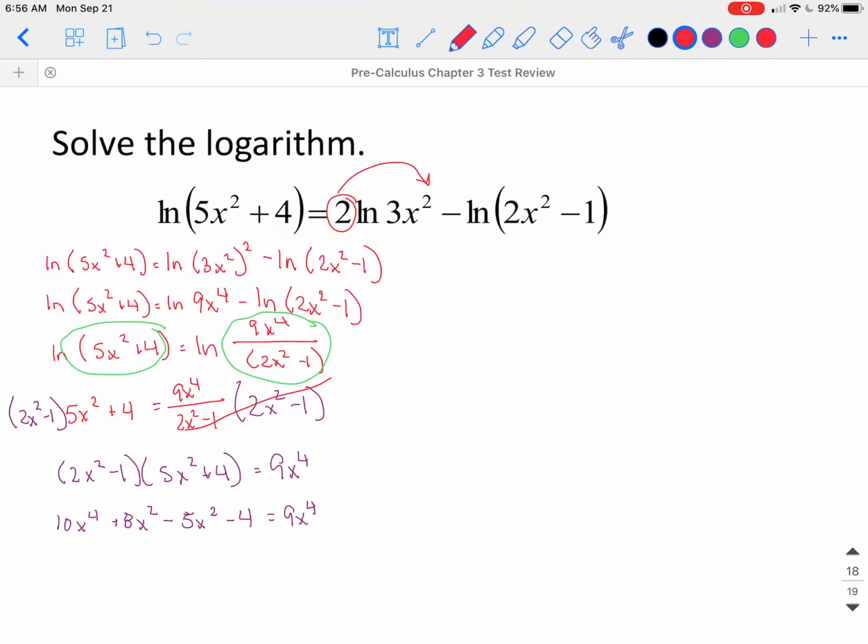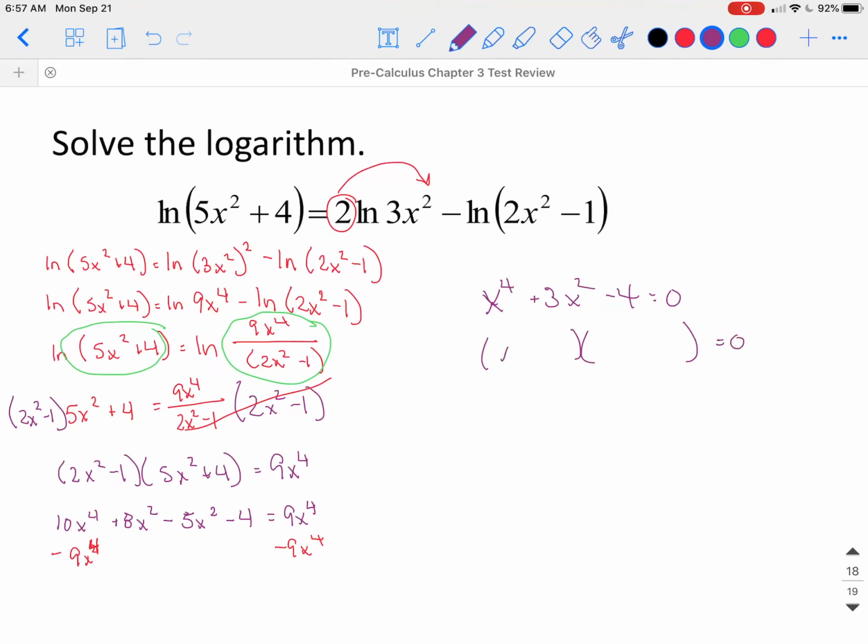If we take the 9x to the 4th to the other side and condense all at once, we're going to get x to the 4th plus 3x squared minus 4 is equal to 0.